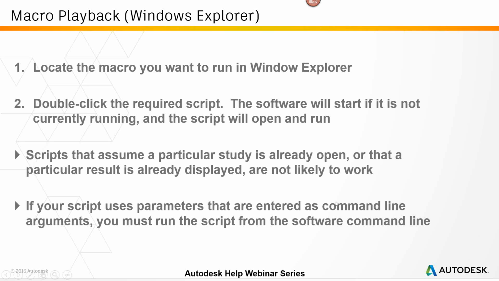I'll say it a couple times again, because that's where most people get issues. They'll run something with command line arguments from Windows Explorer or from the Play Macro feature, and it just won't work because it doesn't have the ability to pop those windows up to give you the user inputs. So just be aware of that if you're having issues.